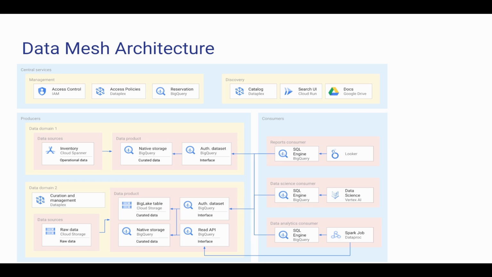In this diagram, you see different data domains, like this one, and each of them has their own storage and their own API to provide their data for an outside world.